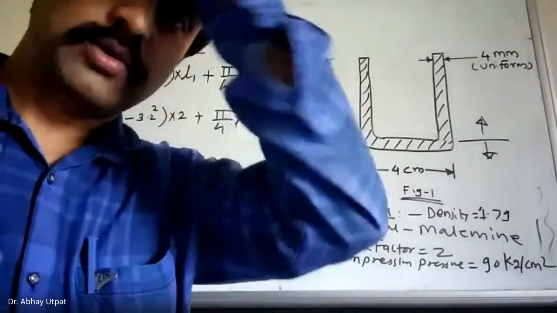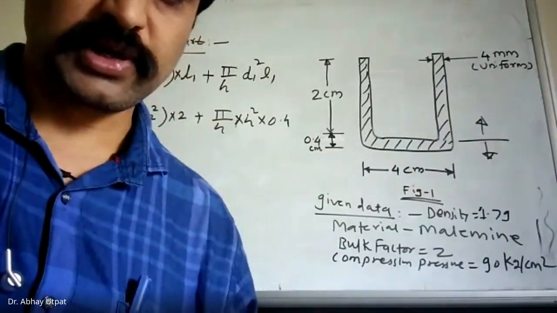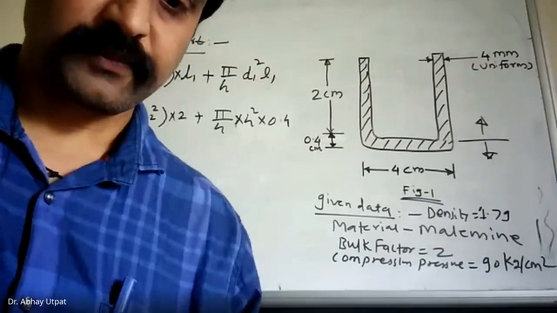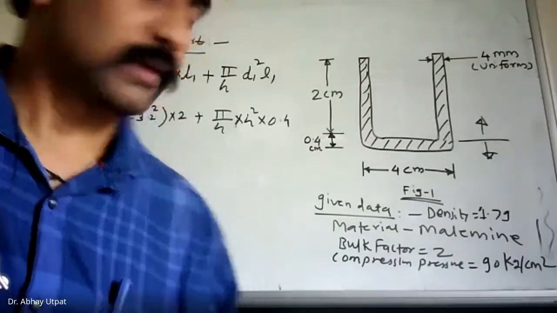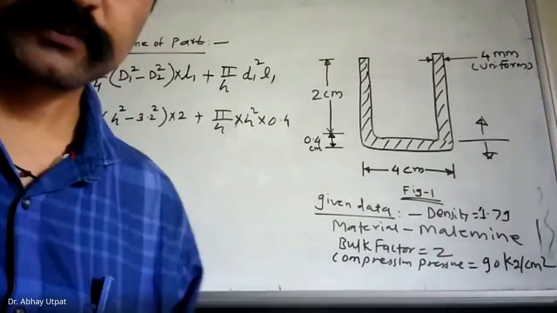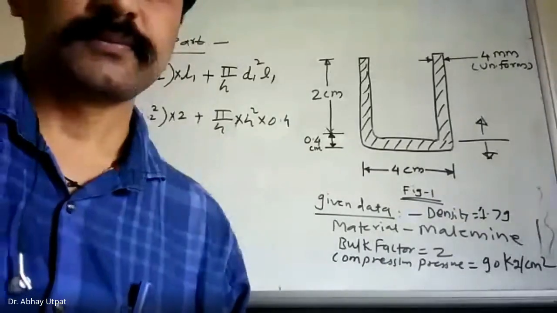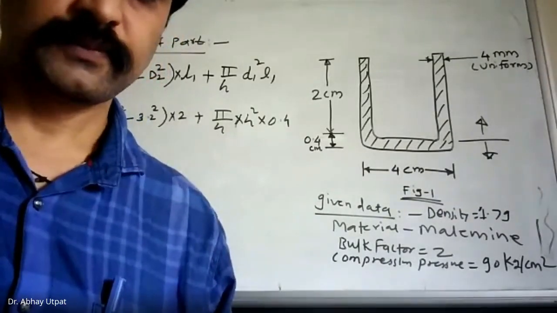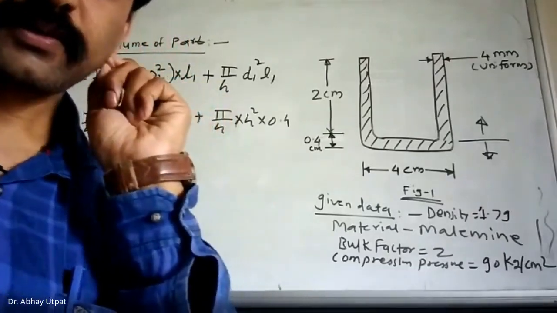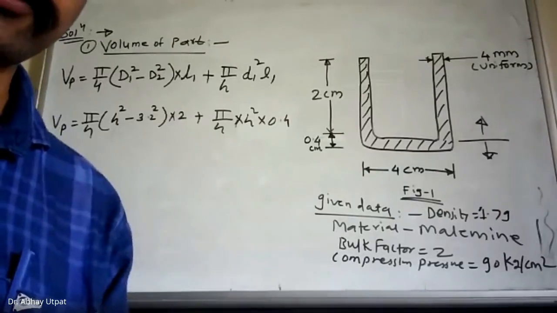Chaitanya Kulkarni, roll number 31. Yes, somebody put 25. Just check it once again. Any other value? Any other answer? I am waiting for one more minute.